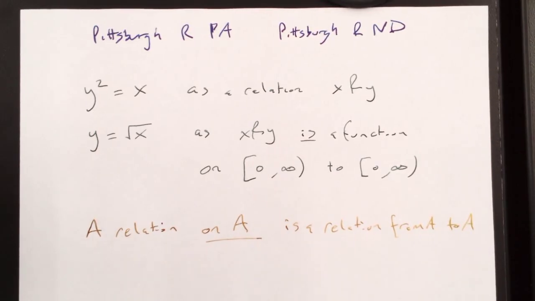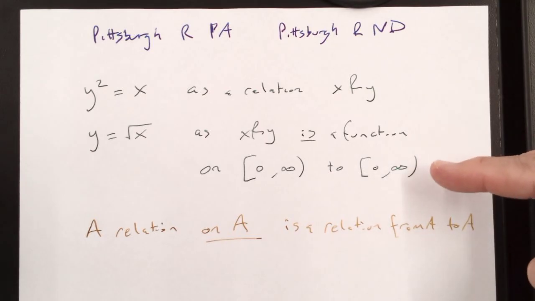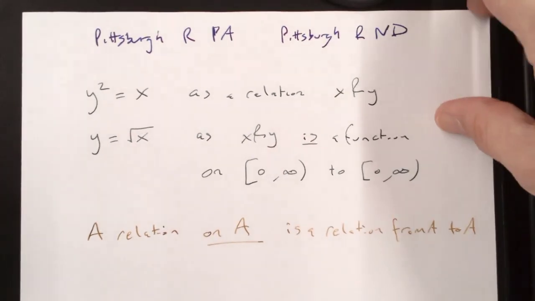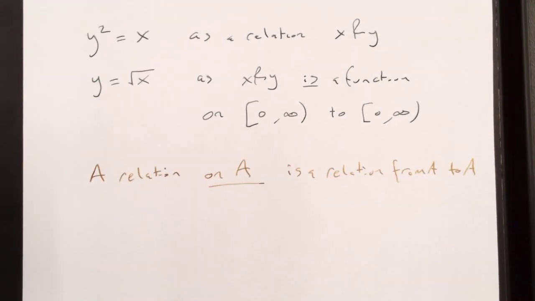A relation on a set is a relation from that set to itself. So in this case, with A and B being the same set, I can actually think of this as a relation on the set 0 to infinity. But I can do this for any set you want.